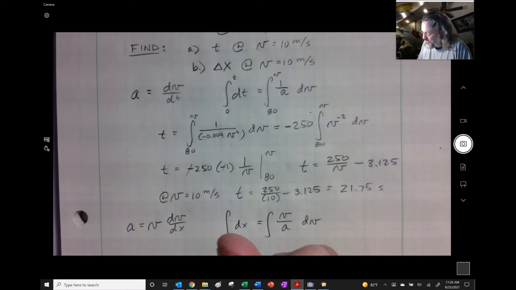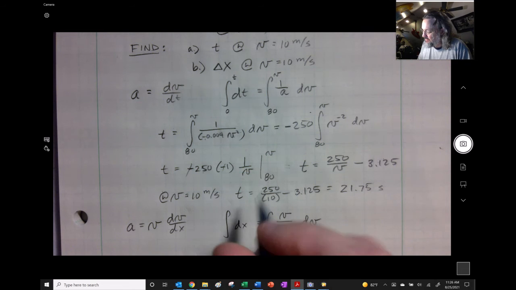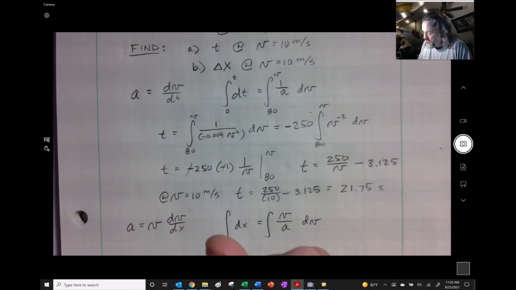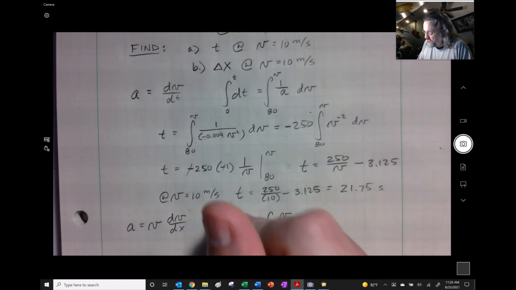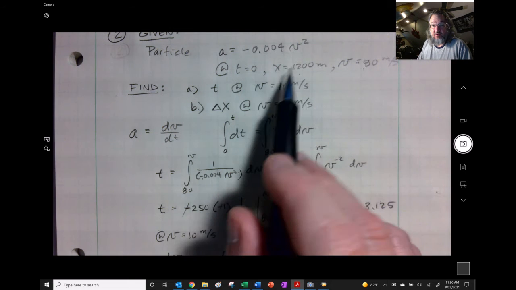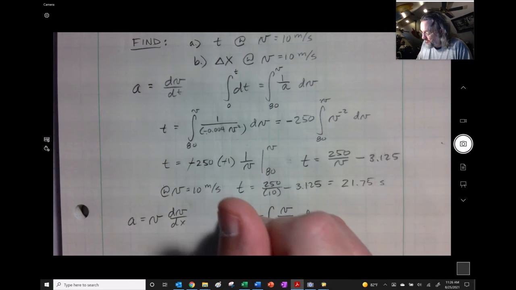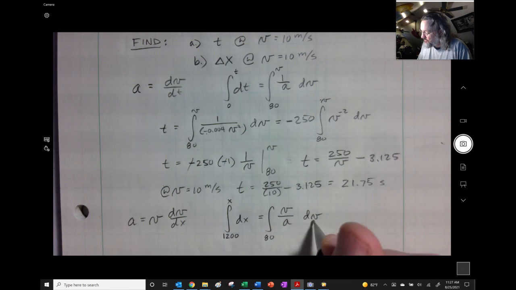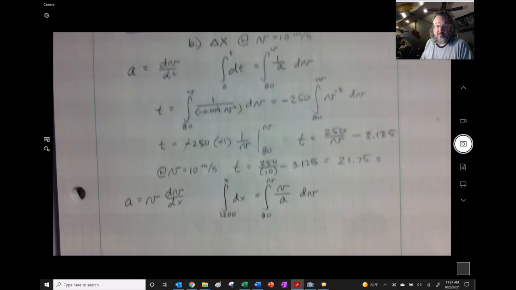Integrate those. It starts at 1200 and goes to x, and then this one starts out at 80 and goes to v.